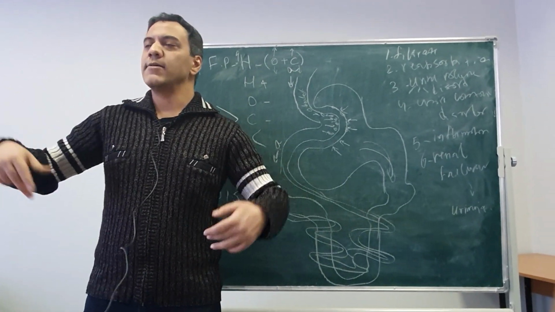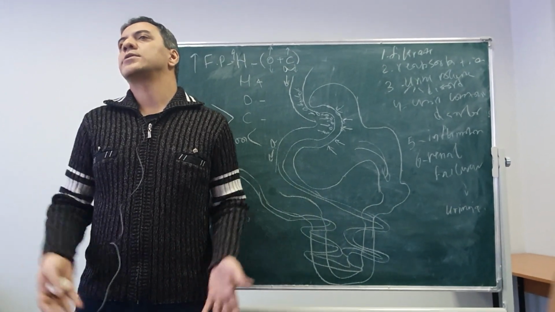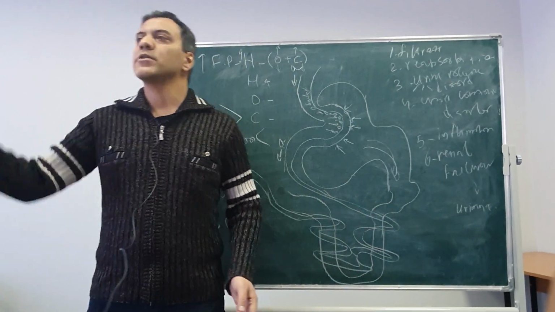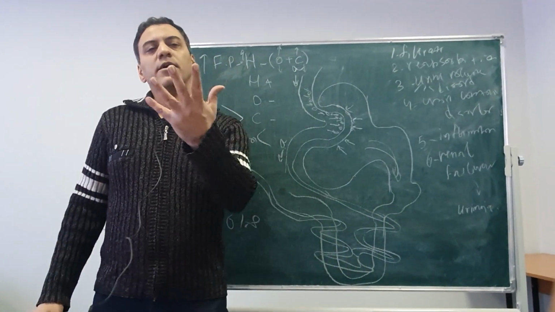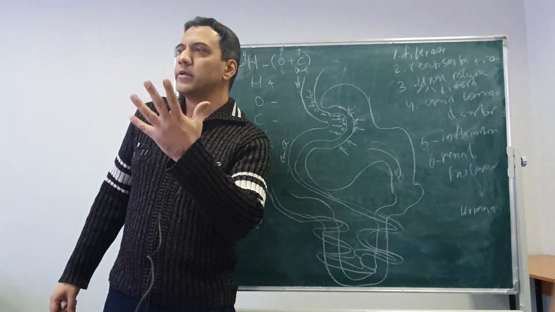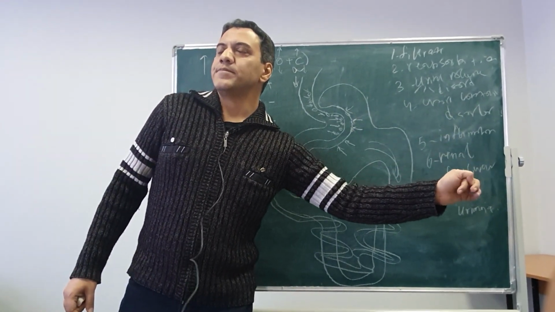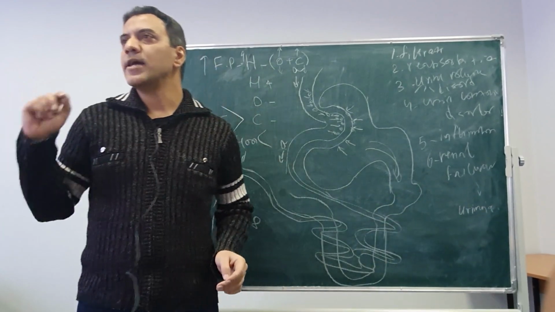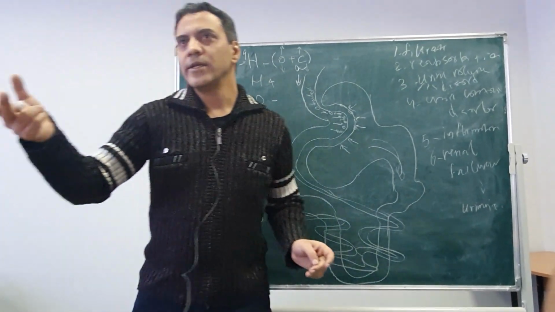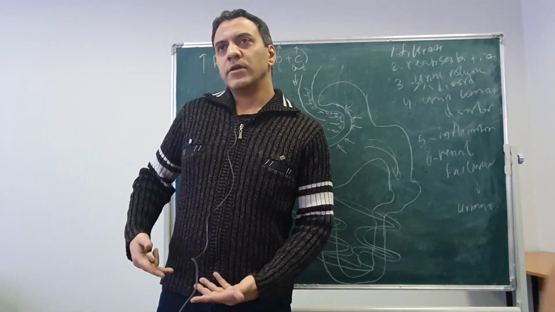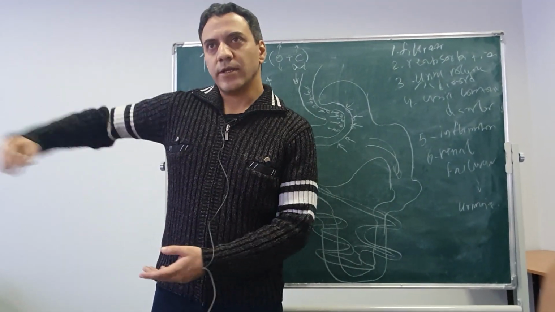And also, while the kidney cannot remove urine, the water stays in our body. It will lead to edema, hypertension. So what are the main indications for hemodialysis? What is hemodialysis? It filters our blood by an artificial kidney.